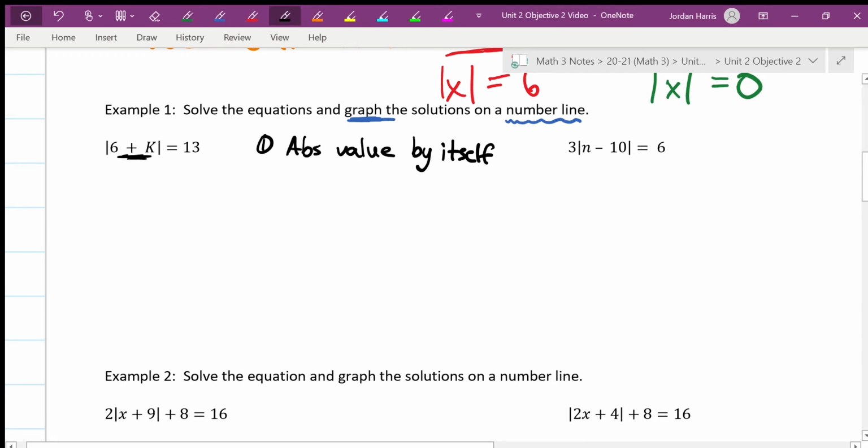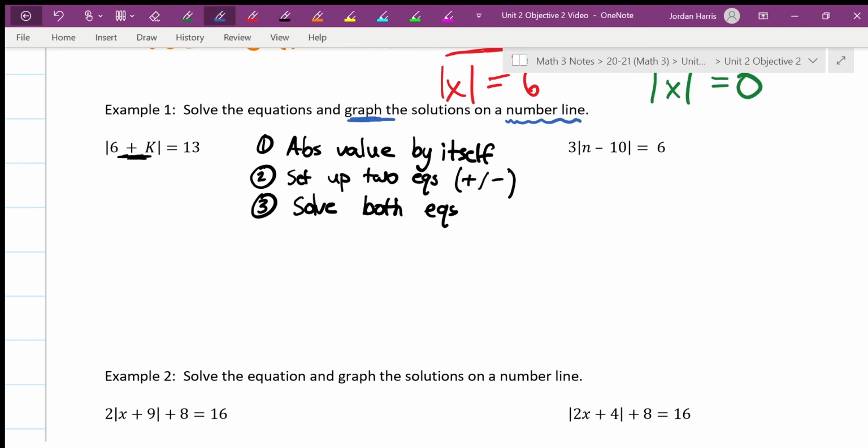So I might have to divide, I might have to add and subtract things using normal solving, which we'll get to, and you'll see examples that use all that. The next step is to set up 2 equations, plus and minus. And then the last step is to solve both equations. And when you do that, you'll get your answers.